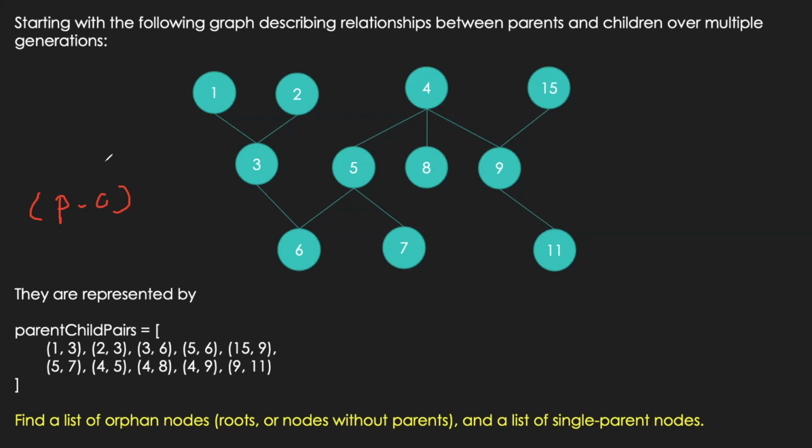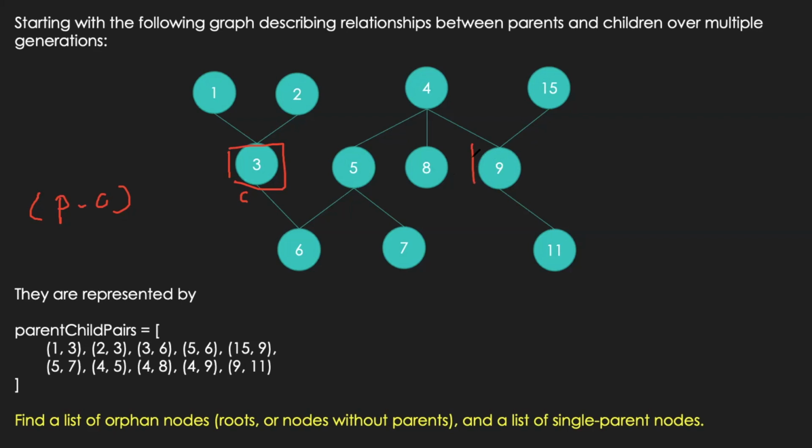Let's look at number 3. Number 3 is a child to 1 and 2, but a parent to 6. But let's just treat 3 here as a child. We can do a dictionary count and count the number of parents by each child, so parent count by child. We can see that 3 has 2 parents, 1 and 2.